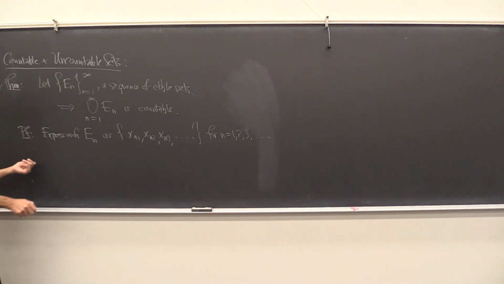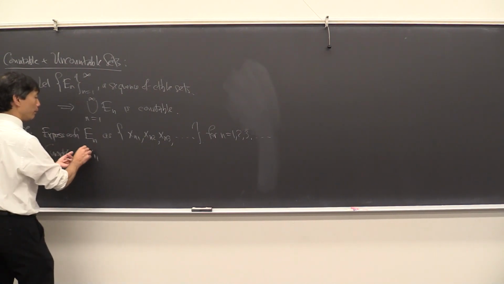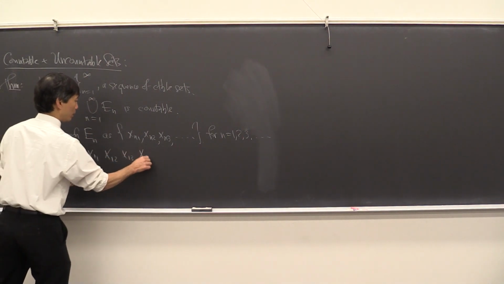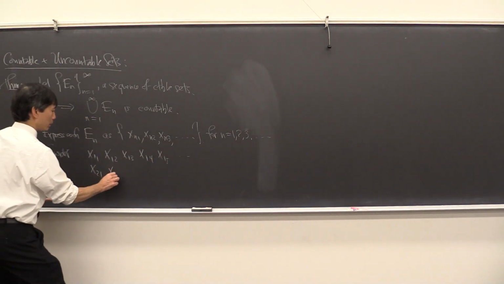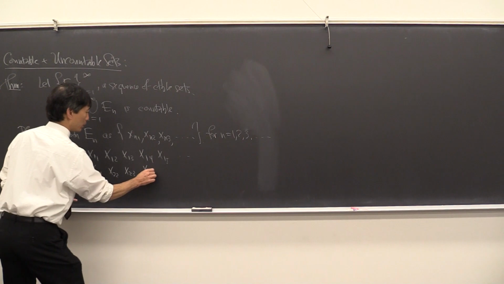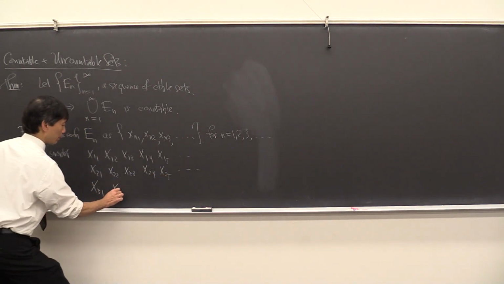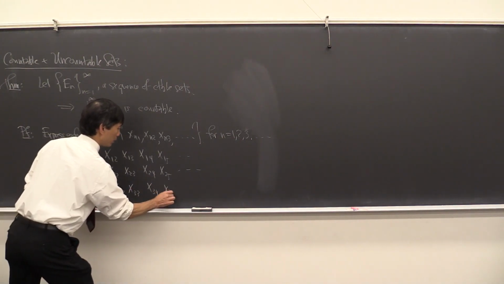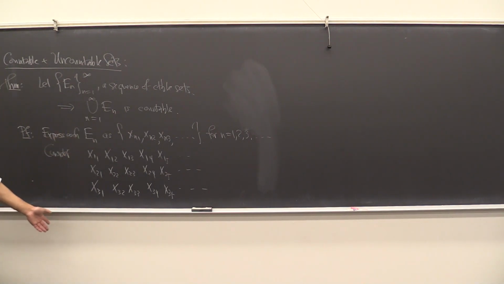Then you make this array. You say, consider the array: first you take E1, then you take E2, and then you take E3, and you place them all in this big list here.